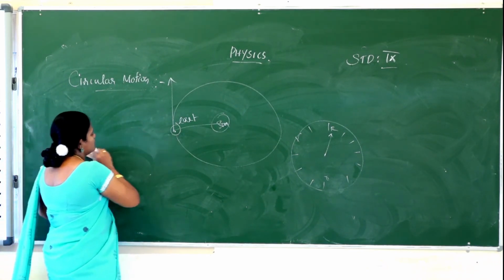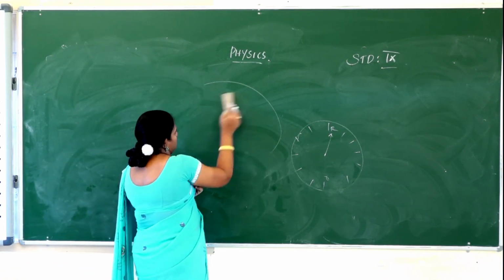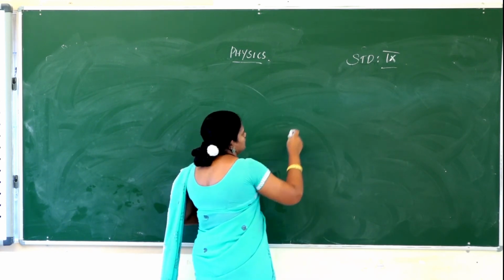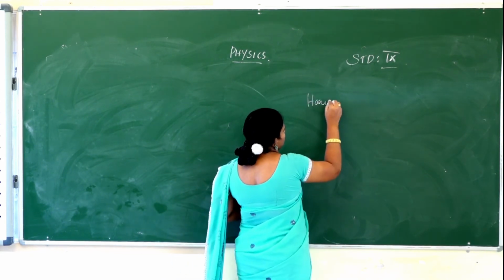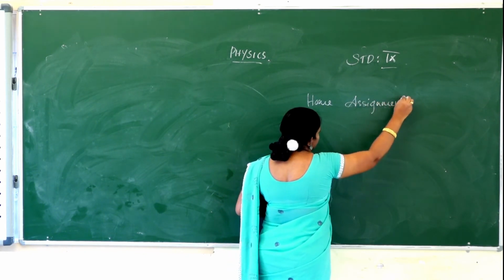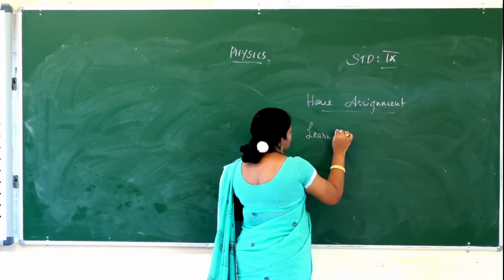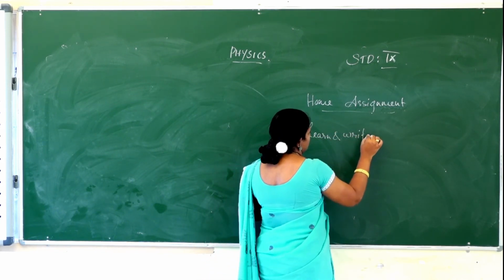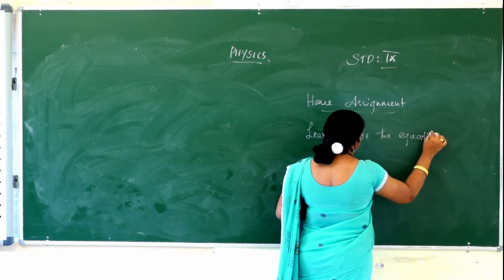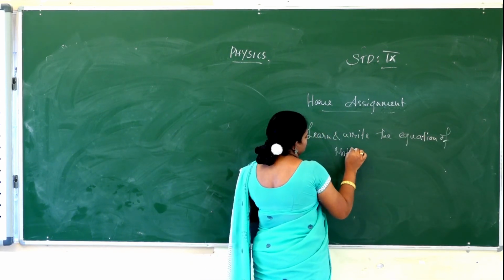Then what was the home assignment today? I will give the assignment for today's session. Home assignment: learn and write the equation of motion by graphical method.